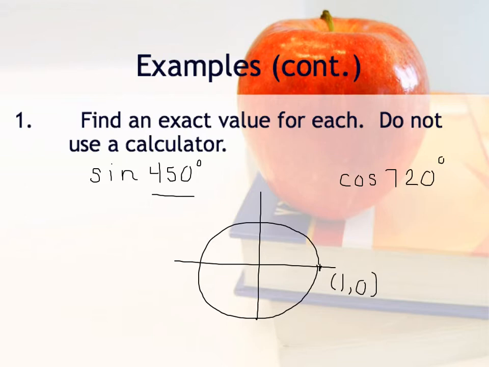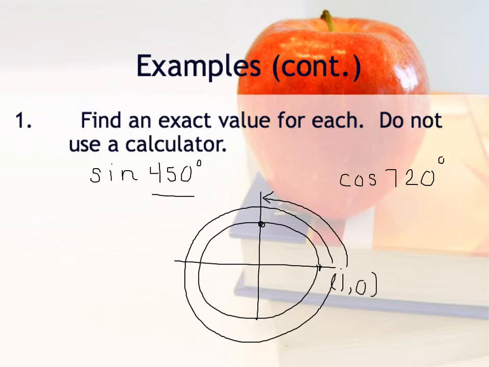So from (1, 0), we're going to go counterclockwise. Here's 90, 180, 270, plus 90 is 360. If I go 90 more, I'll land right here on my unit circle. And the y-coordinate there, we know, is 1. So the sine of 450 degrees is 1.